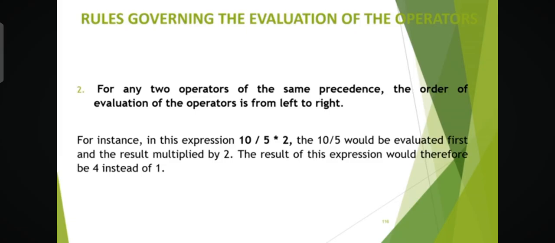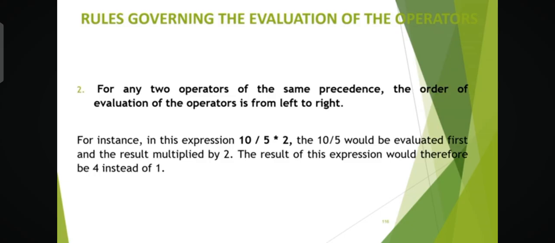So in this case, if you have something like 10 divided by 5 multiplied by 2, we all know that division and multiplication are of the same precedence, right? But to be able to handle this, we need to do what? Move from left to right. The two operators that are of the same precedence, which one comes before the other?